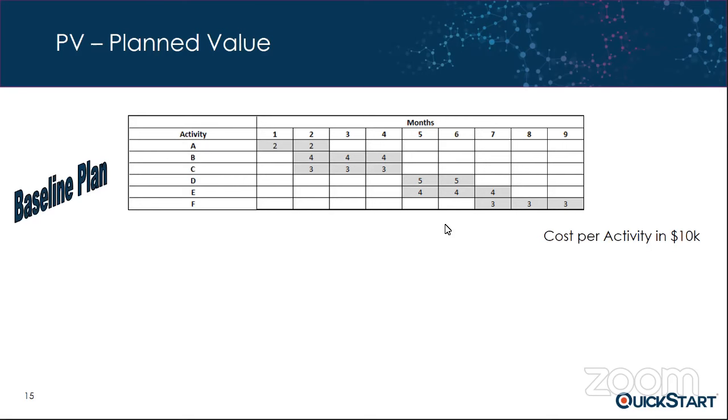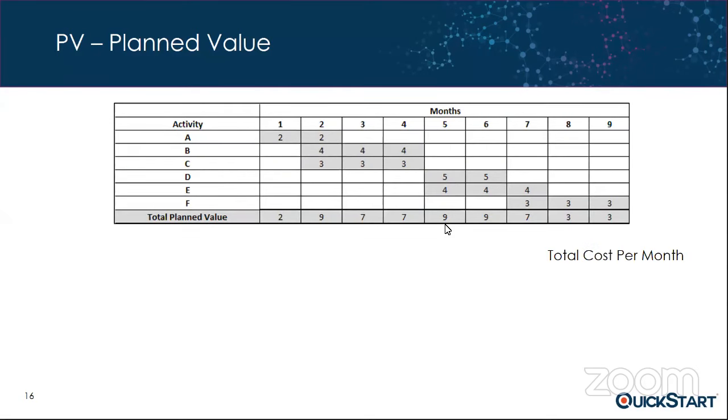Okay, so now that you understand that, we can now total this information up for each month. So if we take month number 1, we simply put a total here at the bottom. That's a 2. Again, totaling this column up. Month number 2, 2 plus 4 is 6, plus 3 is 9.